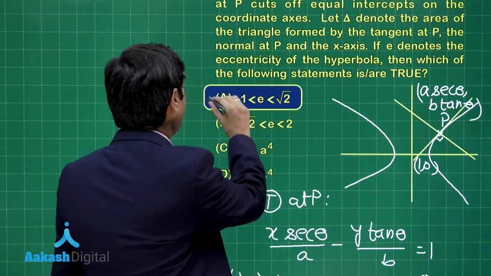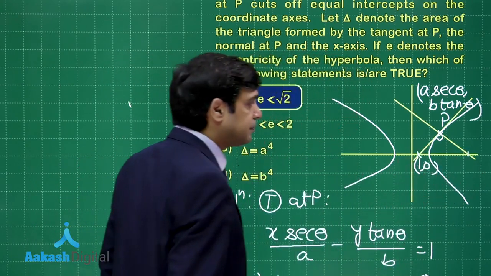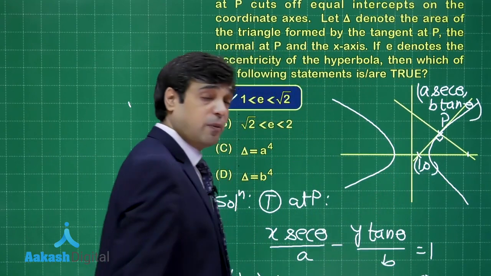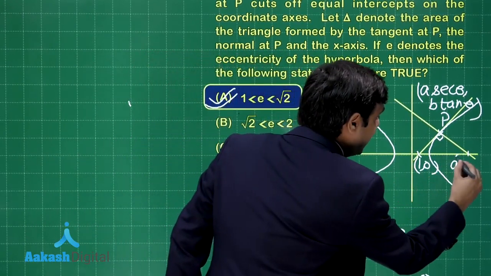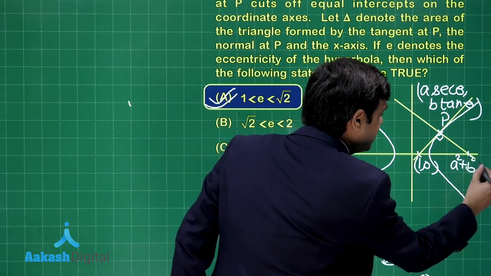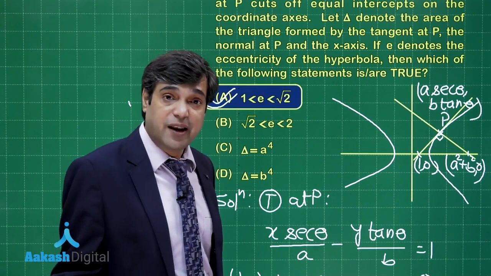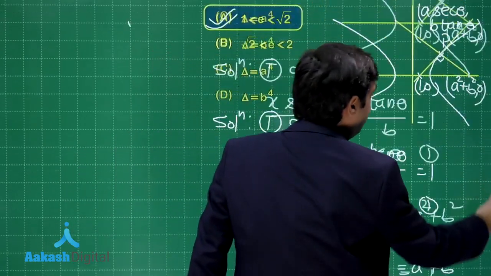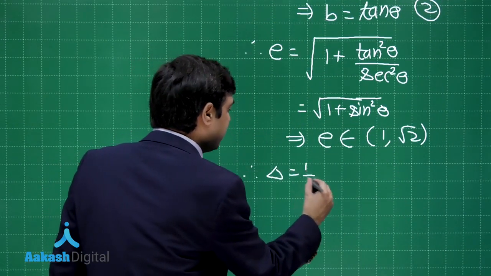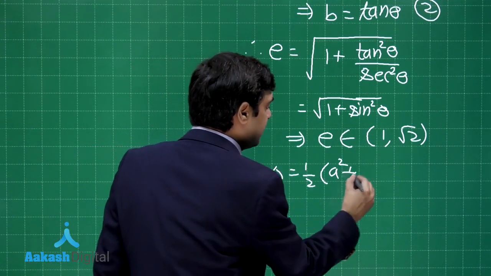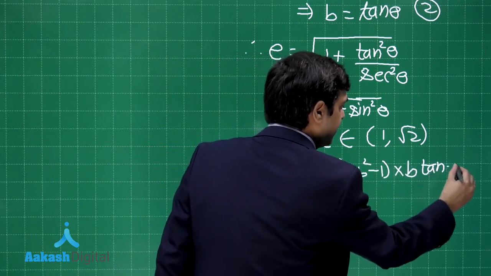Next, we have to talk about area of the triangle. We have this point 1, 0. This is the intersection of normal. When you put y equals 0 in normal, meaning this point is a square plus b square comma 0. We can write the area of triangle now, half base into height. Therefore, area of the triangle, this is half base, meaning a square plus b square minus 1 into height, that is b tan theta.